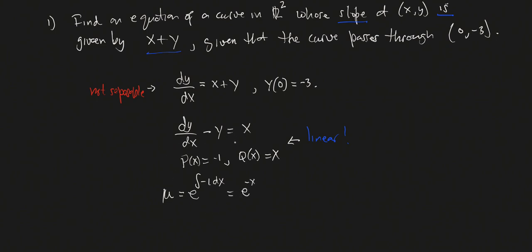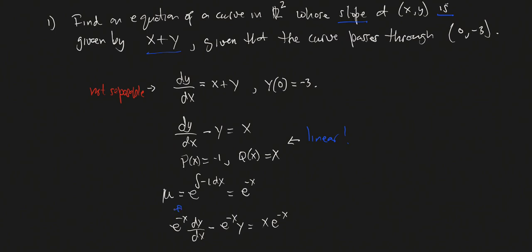Then I'm going to multiply my differential equation by e to the -x. So e to the -x dy dx minus e to the -x times y is equal to x e to the -x. And then I look at the left-hand side, because I always like to see that pattern for the product rule. And there it is.